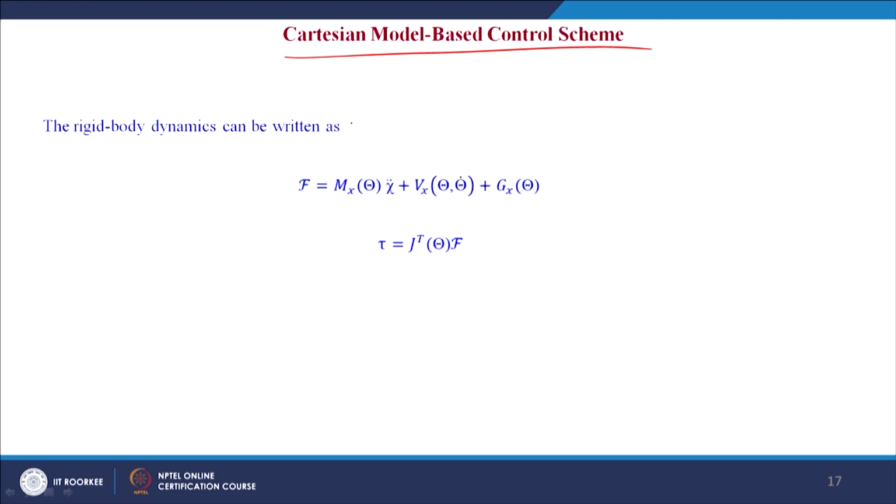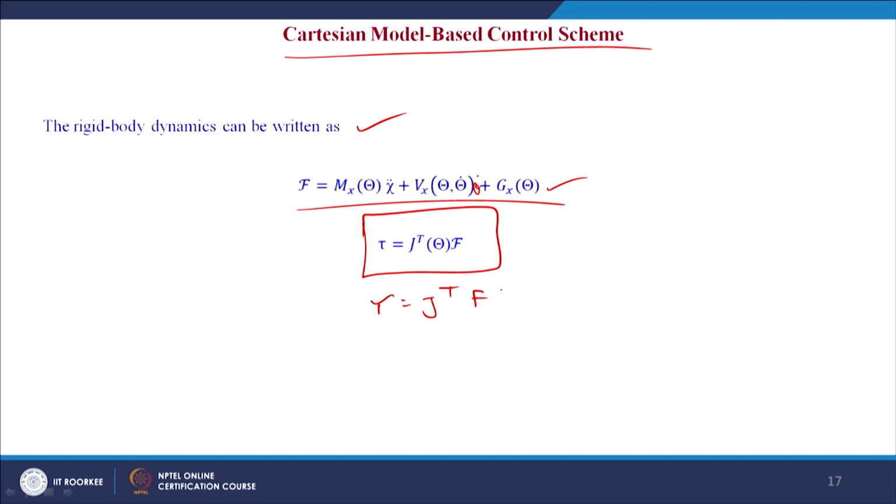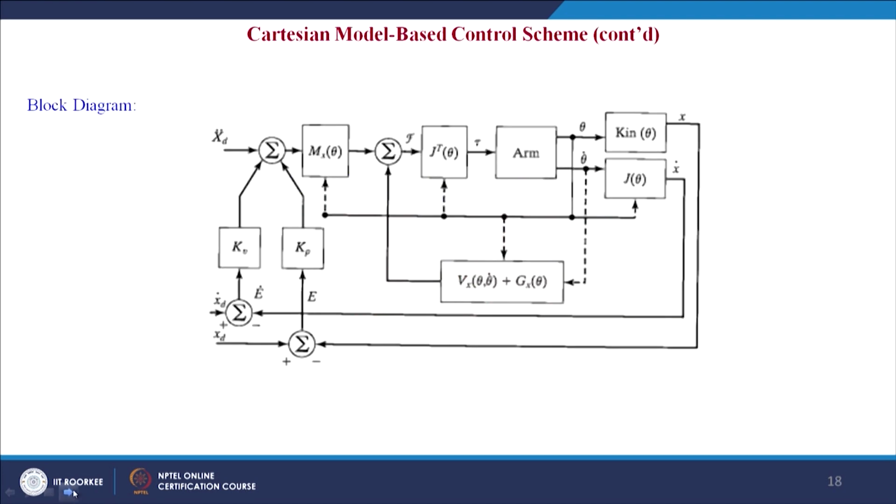The rigid body dynamics can be written as F equal to Mx of theta into x double dot plus Vx of theta comma theta dot into theta dot plus Gx of theta, with the joint torque computation or the control law being tau equal to J transpose F, Jacobian transpose multiplied by the force.